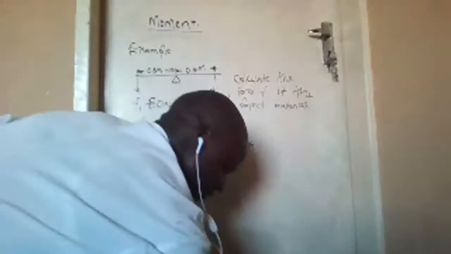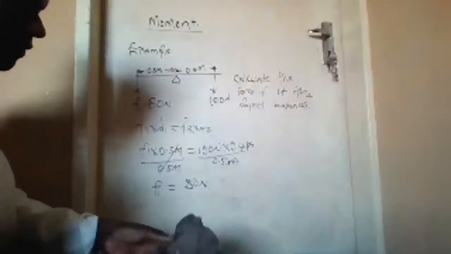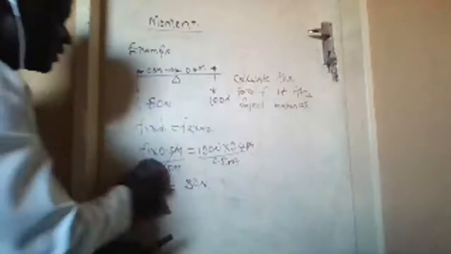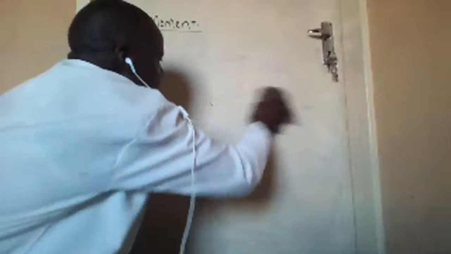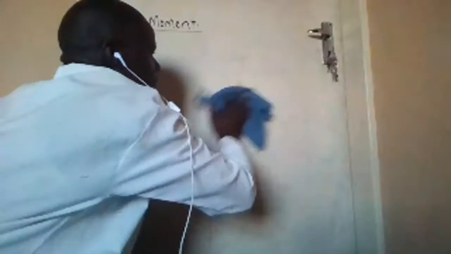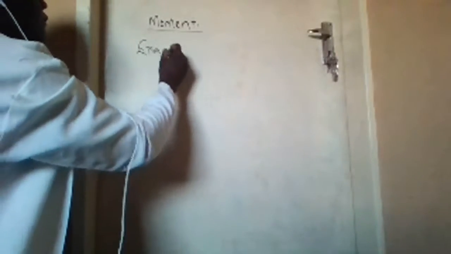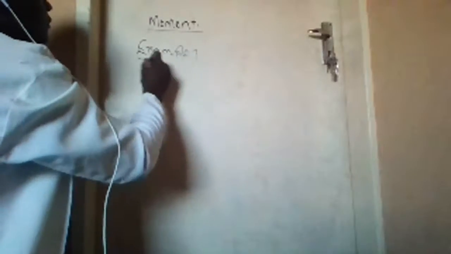So F1 times distance 1, which is 0.5 meters, will be equal to F2, which is 100 newtons, times distance 2, which is 0.4 meters.